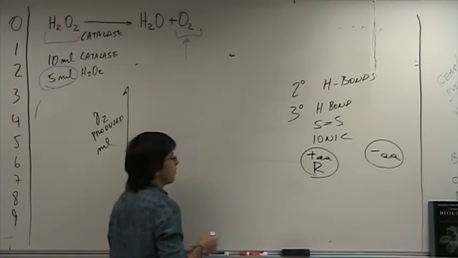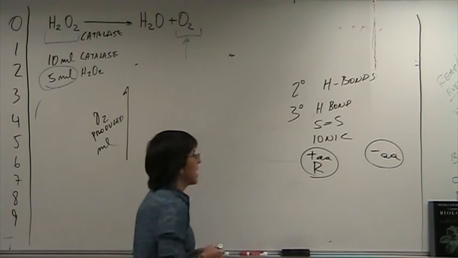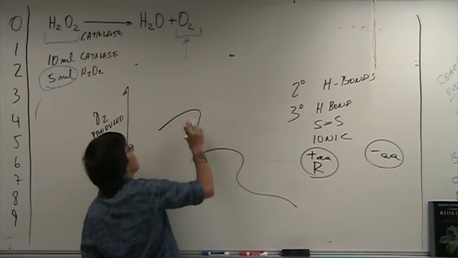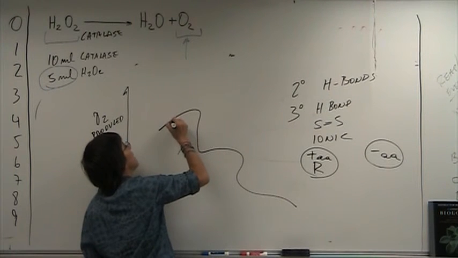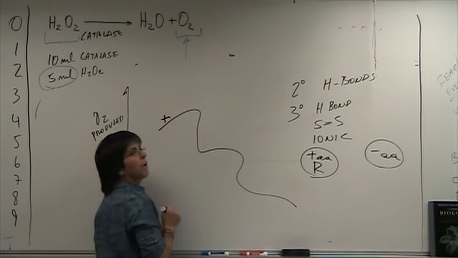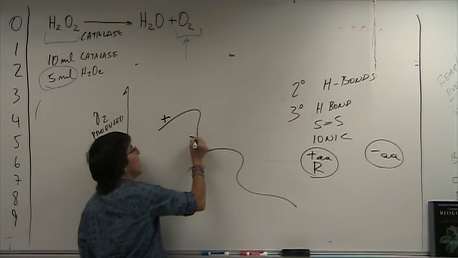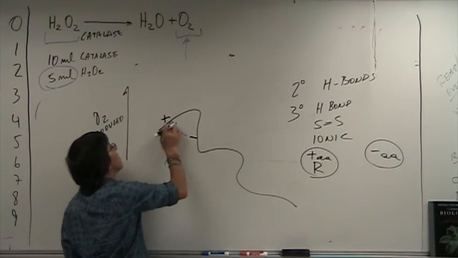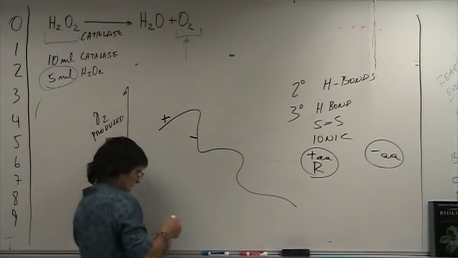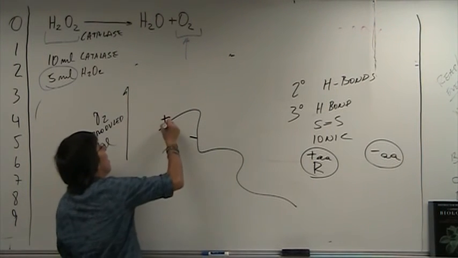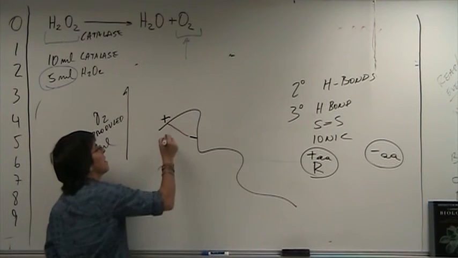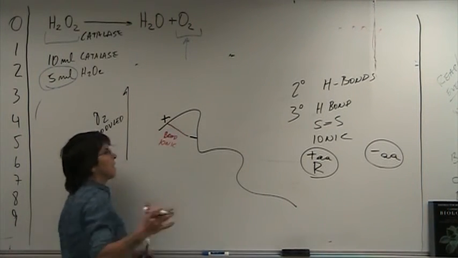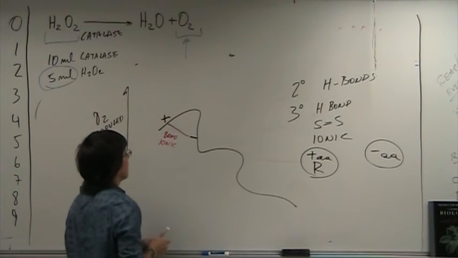So what happens if you have a change in pH? Let's make a funny shape here. And let's say that this shape here is being maintained because here is a positively charged amino acid and here is a negatively charged one. So here we have a nice ionic bond, kind of attracting the positive and negative.